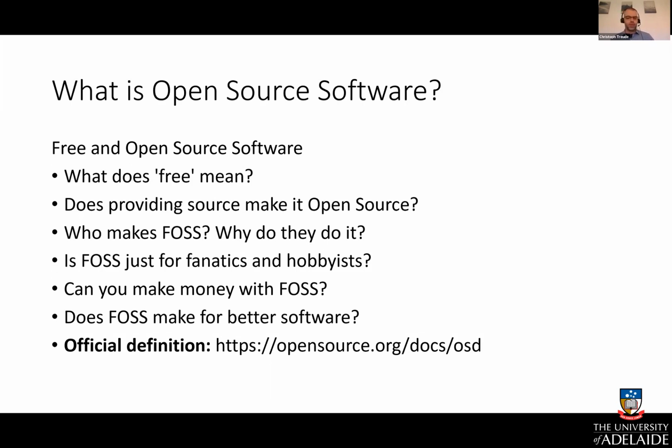So for you to make an open source project available online, you need to include a license. If you just upload your source code somewhere, it might be free, but it's not open source. So open source necessarily includes a license. Just making source code available on the internet doesn't automatically make it open source. It might make it free because everybody can access it.